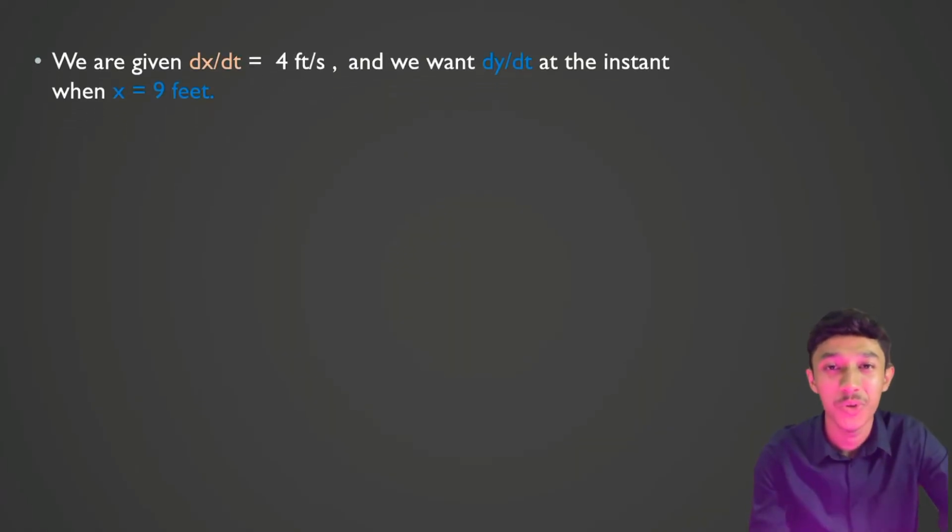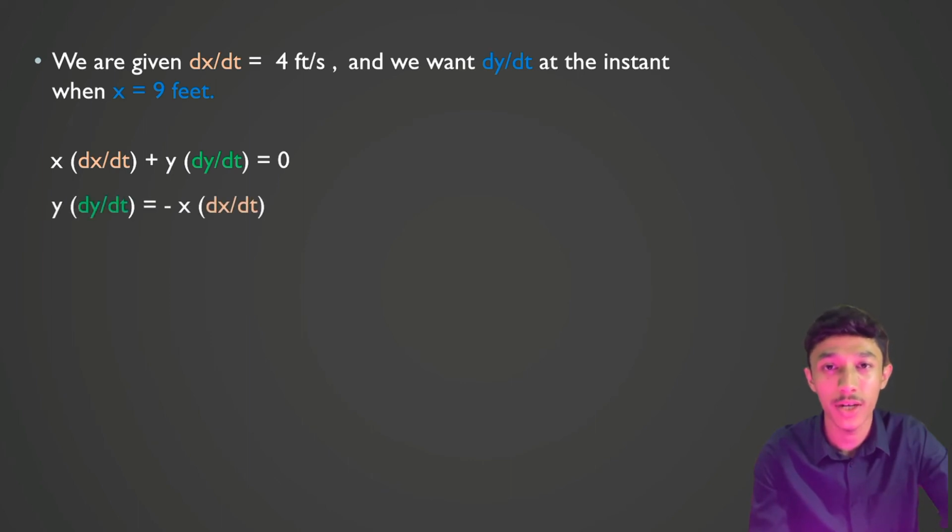For the last step, we know that we are given dx over dt equal to 4 feet per second, and we want to find dy over dt at the instant when x equals 9 feet. So, from the last equation, we get x dx over dt plus y dy over dt equals 0 by using the chain rule. Then, we can find the value for dy over dt by substituting in the various values.